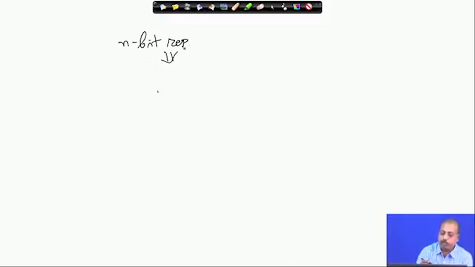You can represent minus 2 to the power n minus 1 to plus 2 to the power n minus 1 minus 1. So, you can represent this range of numbers.